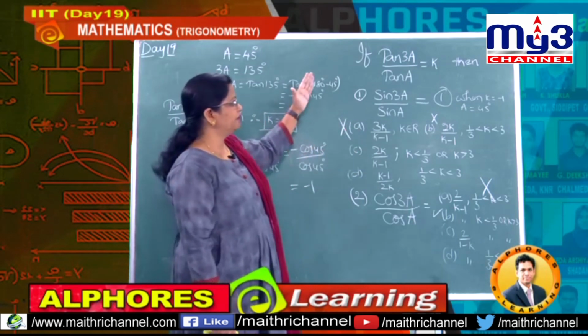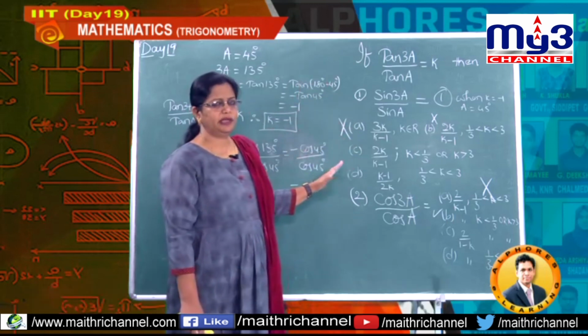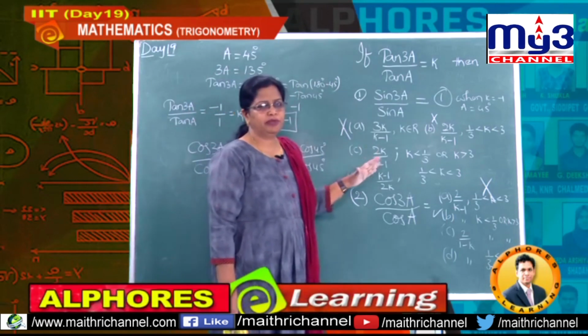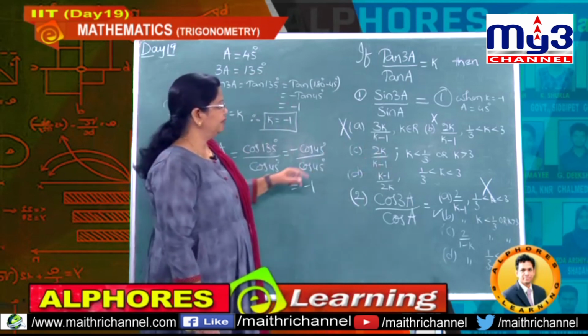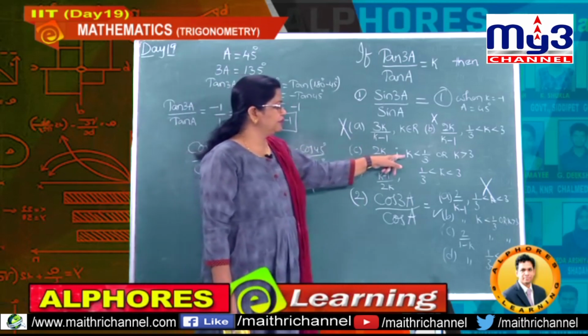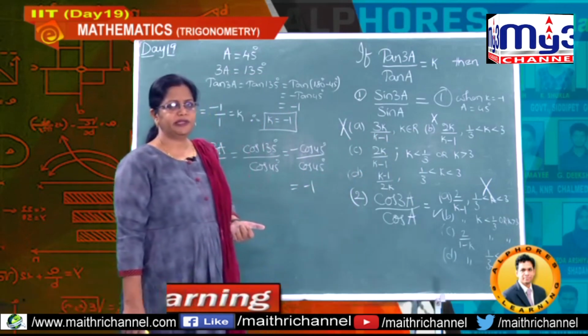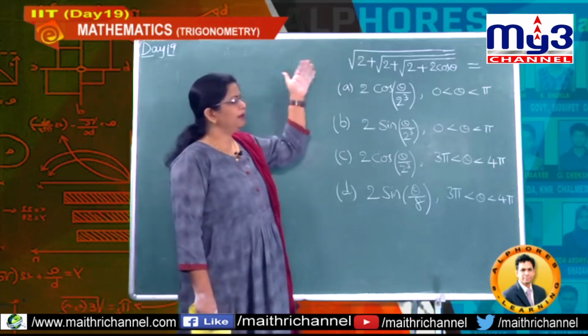If you observe the options and I can substitute, then I can get the answer in very little time. If not, then immediately you have to skip to the direct method. Whatever I said here, if both the conditions are given the same, then you have to go for the direct method. Understand students?